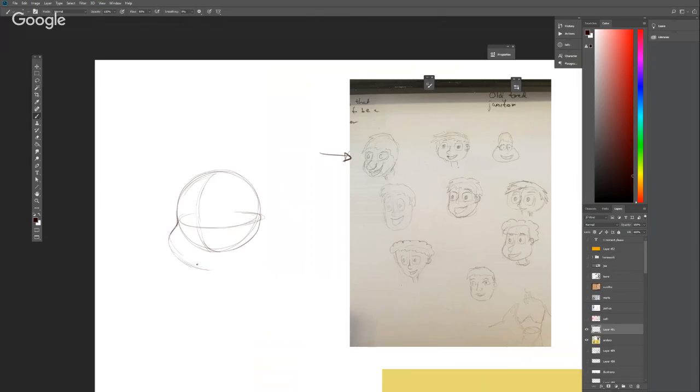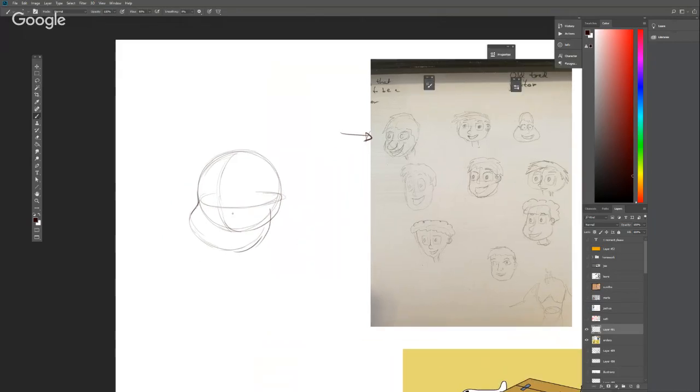So here, let's add this cheek, then this ear, then this nose, and oh, now I'm maybe going a bit too fast. But here we have this jaw.